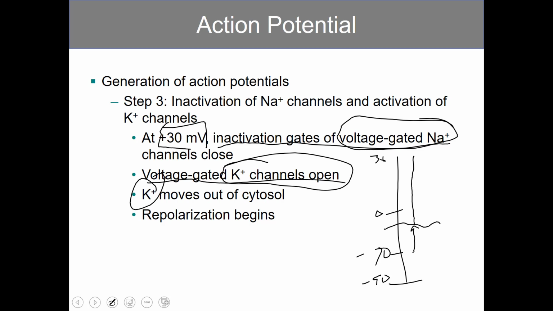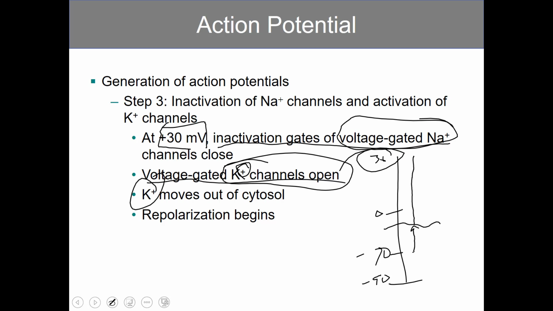Why? Two reasons. One, potassium wants to reach a state of equilibrium with itself, so there is a chemical gradient pushing potassium out. Secondly, I keep saying sodium, but I mean potassium, so I'm sorry if I confuse. Potassium has a positive charge, and what is the charge of the transmembrane potential?